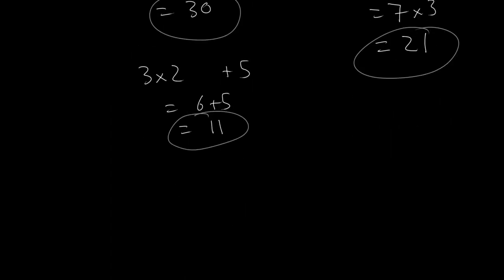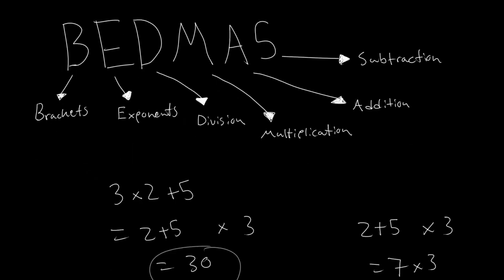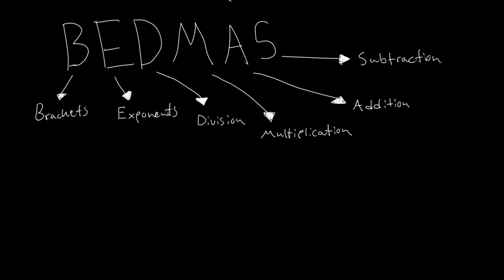Well, BEDMAS is going to help us understand how to get the correct answer every single time. What is BEDMAS? Well, BEDMAS is a simple acronym meaning brackets, exponents, division, multiplication, addition, and subtraction in this order.